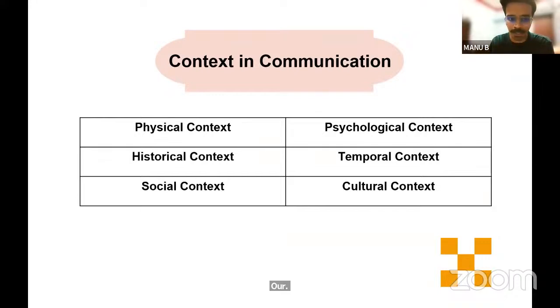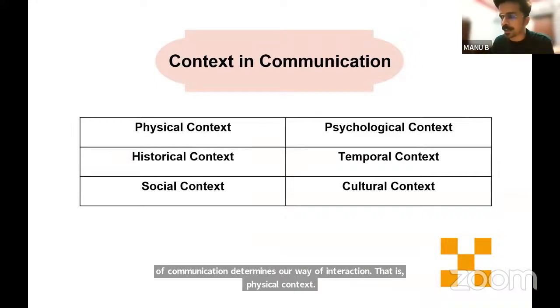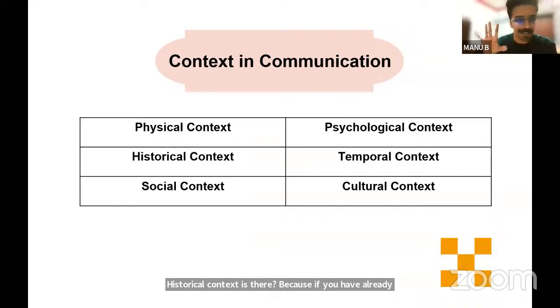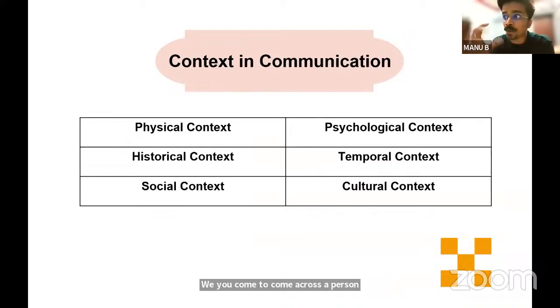That is physical context. Historical context is there because if you already have any kind of experience with one person, you know how that person behaves and whether that person is able to manage this kind of messages. For example, you come across a person who is so aggressive, a man with a lot of tensions building inside, so we cannot tell serious things to him all of a sudden.